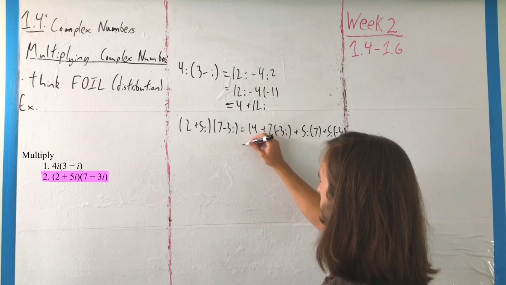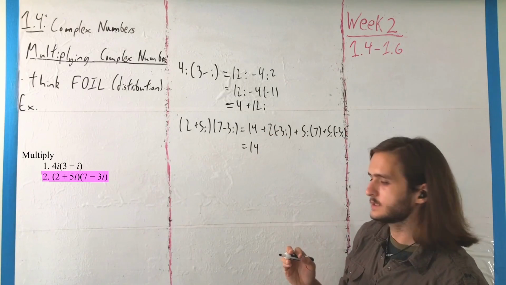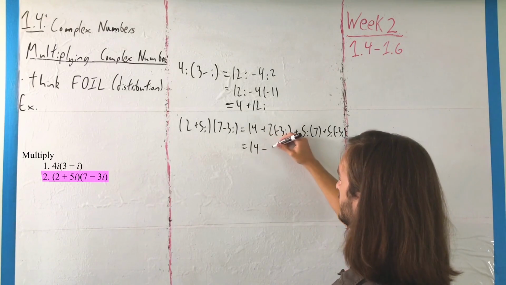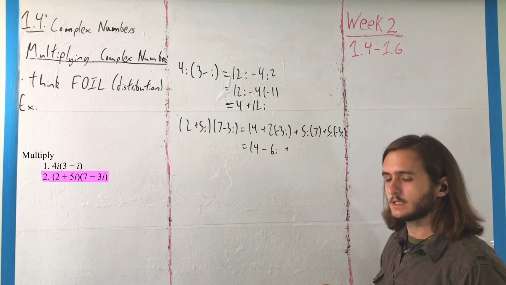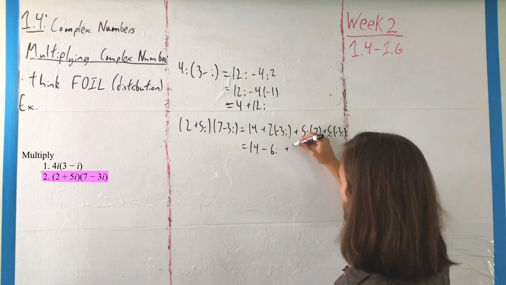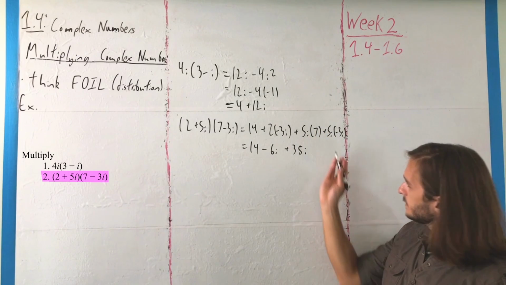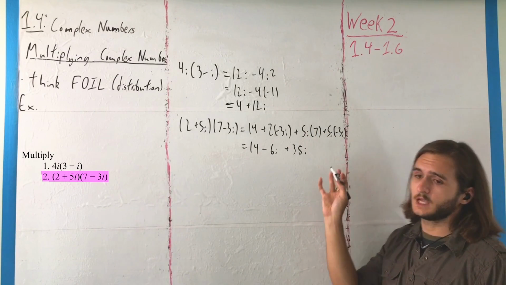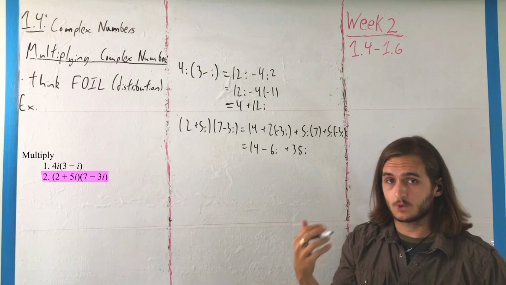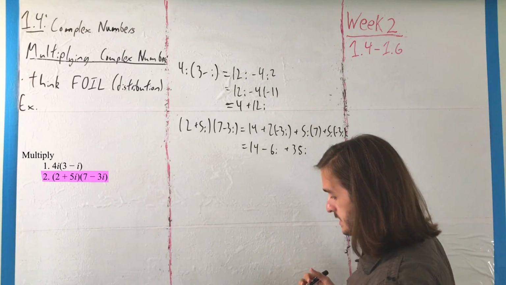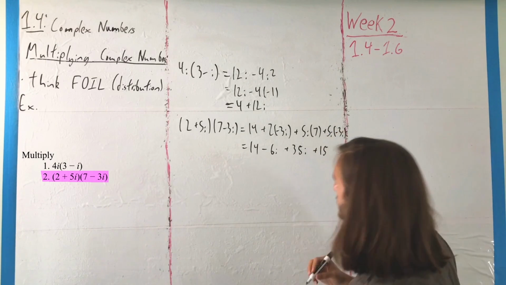So 14 remains 14. It's good at that. 2 times negative 3i becomes negative 6i. 5i times 7 becomes 35i. And then down there, the 5i times negative 3i becomes negative 15i squared, but the i squared becomes a negative 1, and as a result, we are left with positive 15.